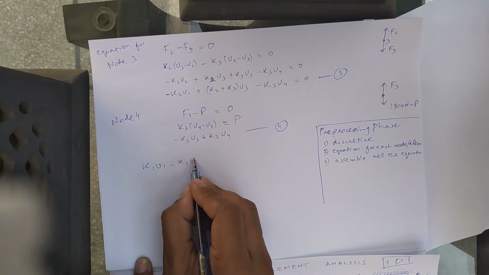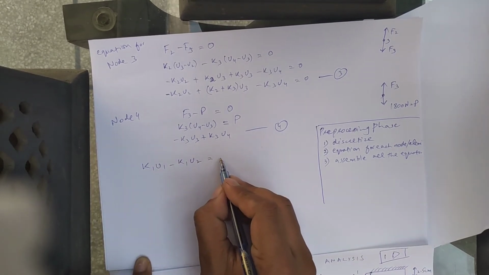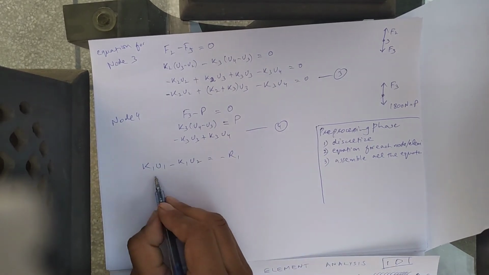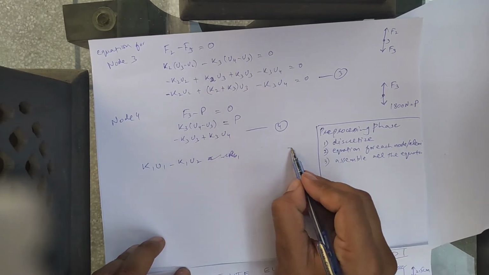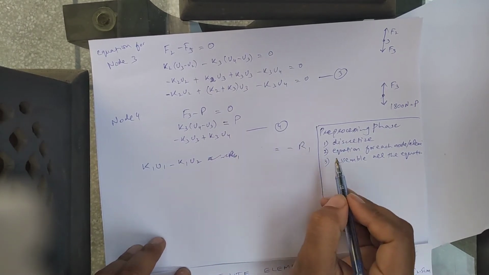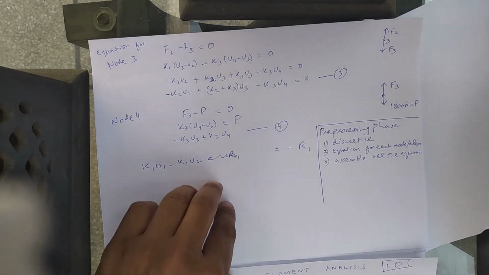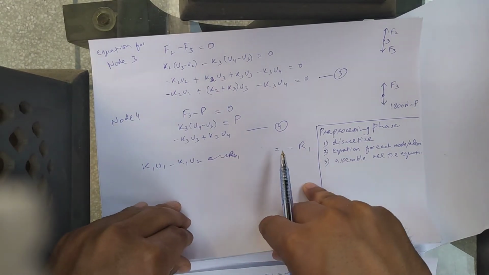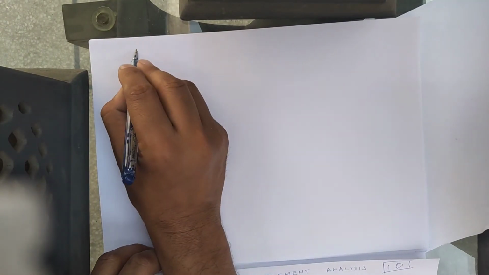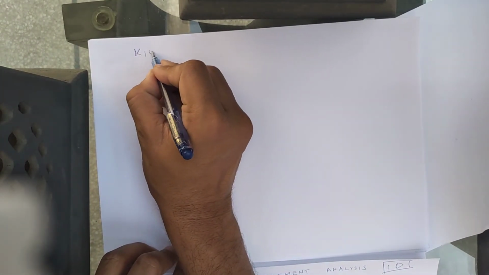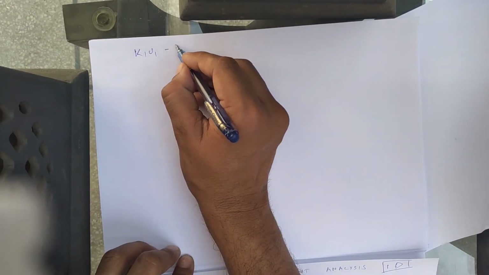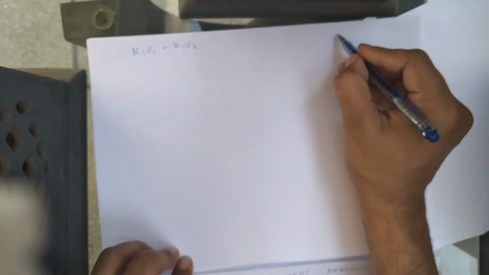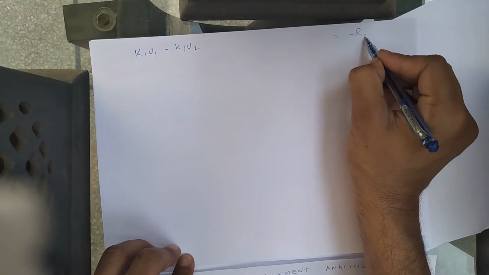Let me write it on a new page so you can follow. It's K1 U1 minus K1 U2 is equal to minus R1.